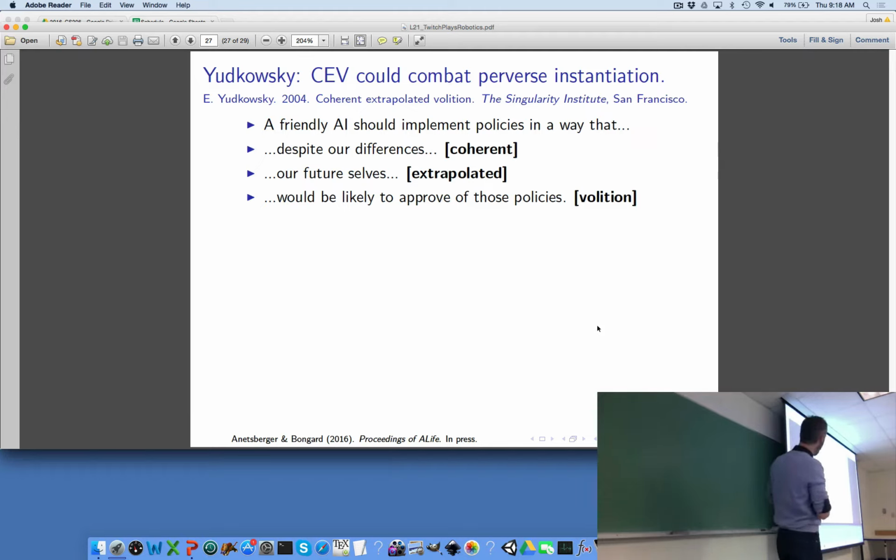The coherent idea is that, despite our differences, we will cohere in the future. We will be more ideologically aligned in the future. So despite our differences, in retrospect, looking back, we will be more unanimous in thanking a machine or cursing a machine for implementing a given policy. Again, you can take that with a grain of salt.